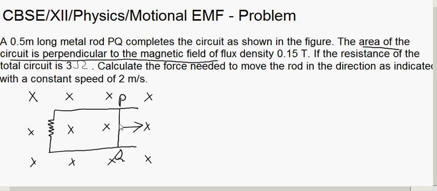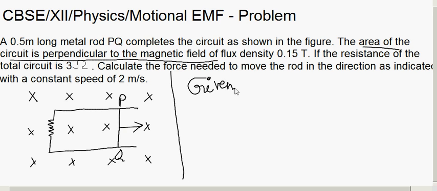Now we need to find out what is the force required so that the rod PQ can move with a velocity of 2 meter per second. First list out the given quantities.